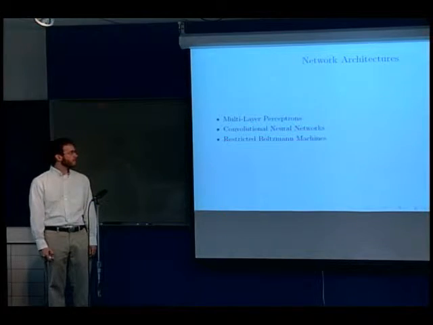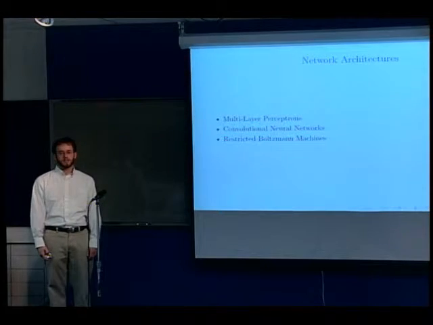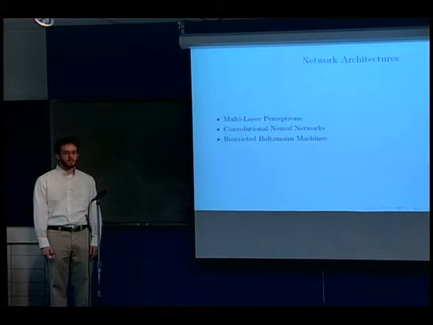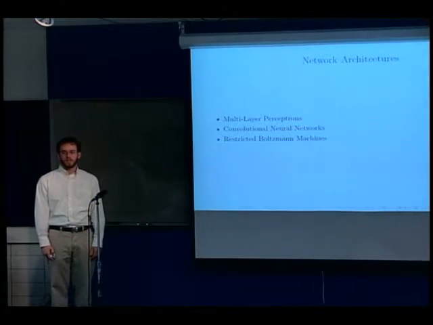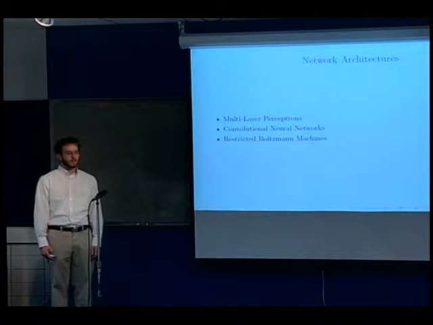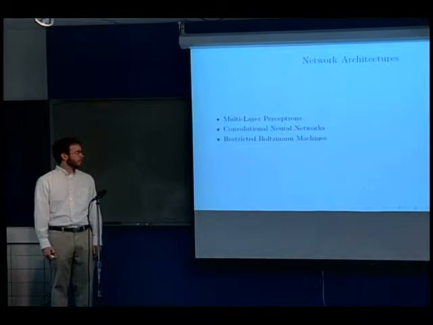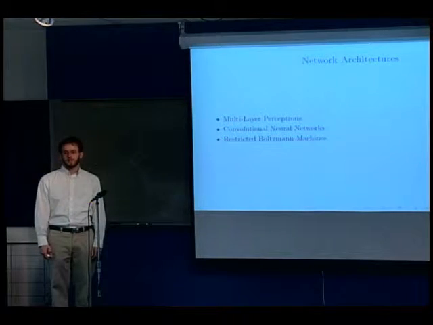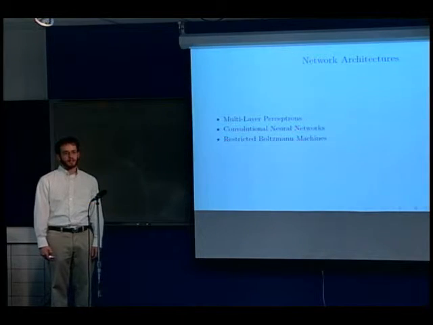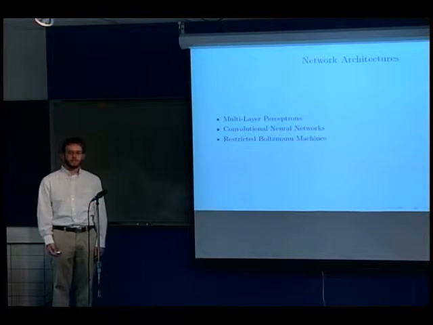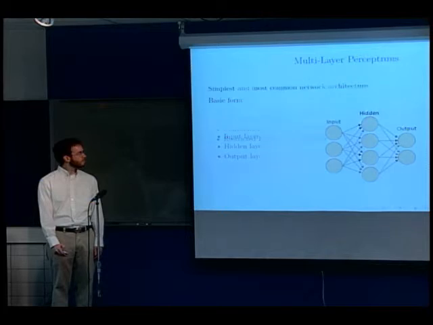There are three main network architectures I've been looking at. There's the standard multilayer perceptron, which is the most common feed-forward network used. And convolutional neural networks and restricted Boltzmann machines are somewhat more complicated architectures that seem appropriate for this problem.